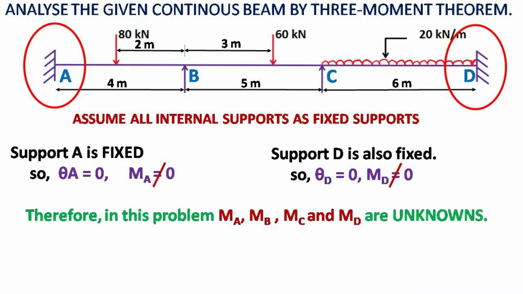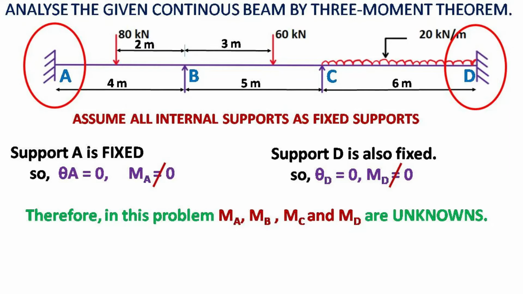Slide 3. For analyzing the given continuous beam we need to understand some basics. When a continuous beam is given for analysis, first we should assume that all the internal supports are fixed supports and then write the support conditions for both end supports. Here a continuous beam is given to analyze.